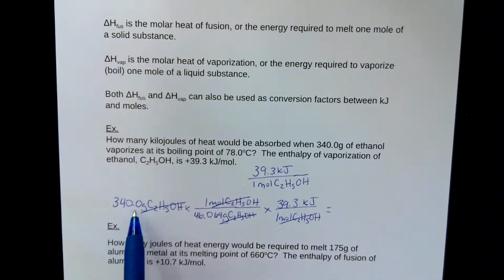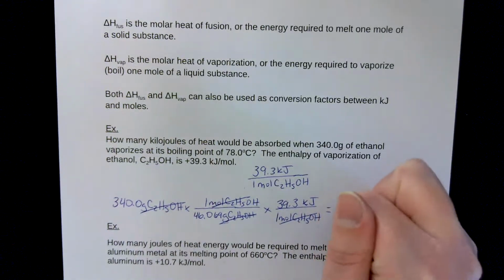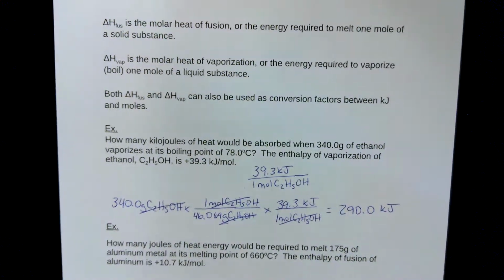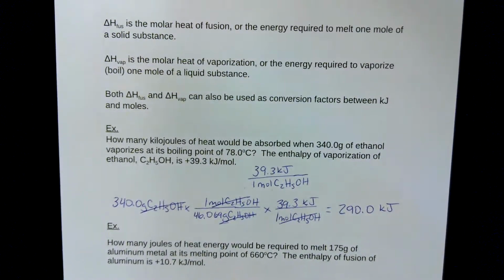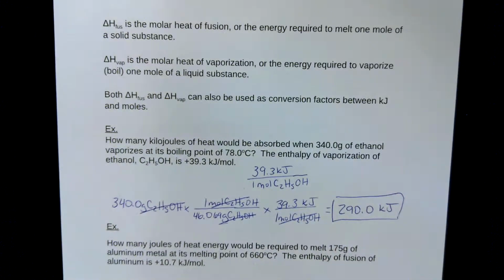I'm going to need a total of 4 sig figs in my final answer. So let's quickly calculate this. 290.0 kilojoules would be needed to vaporize.